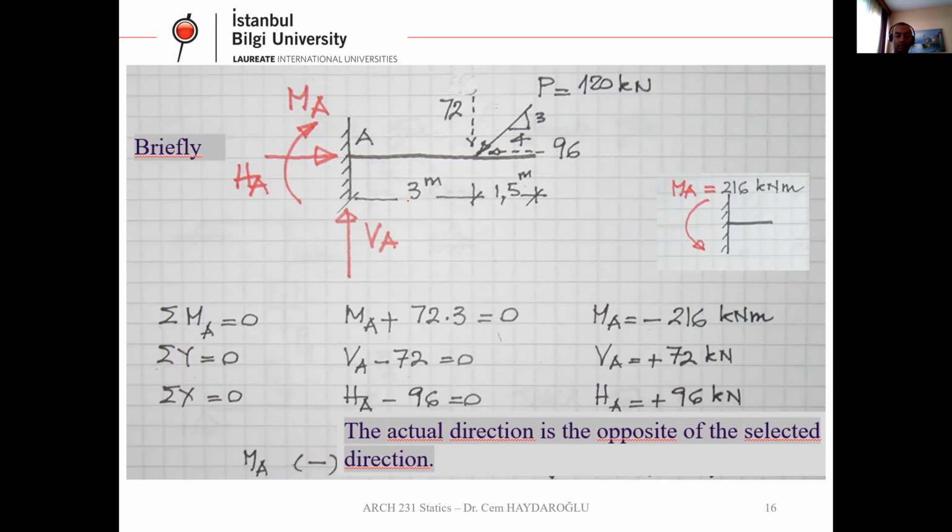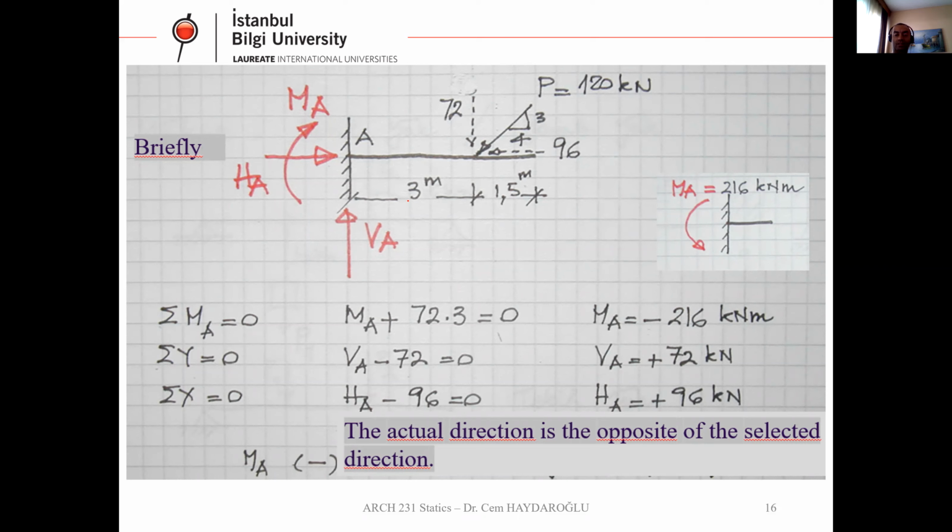Here you can see a cantilever beam. On top of this beam, there is an inclined P load, which is 120 kilonewton. Its location is 3 meters away from the left support. We have an inclined force, and we are going to resolve it into perpendicular components, vertical and lateral.